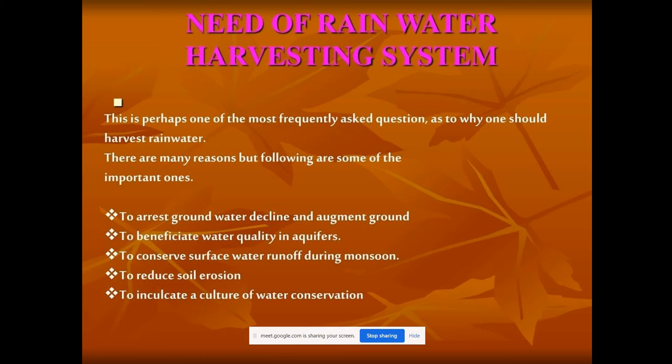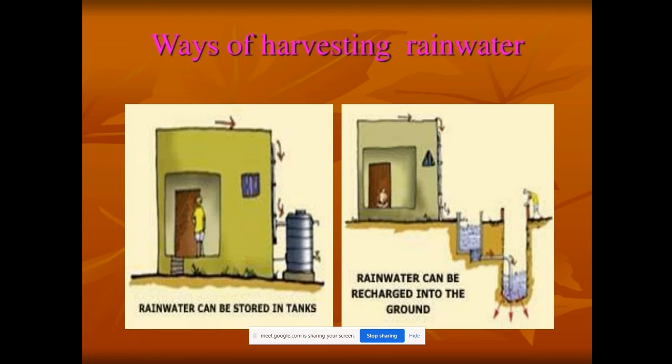There are many reasons, but the following are some of the important ones: arrest groundwater decline, improve the quantity and quality of aquifer water, conserve surface water runoff during monsoon, reduce soil erosion, and inculcate the culture of water conservation.